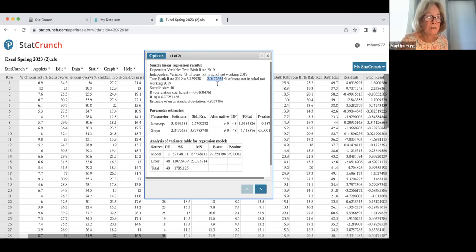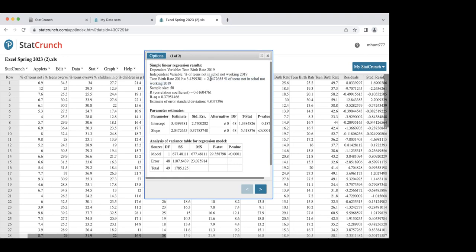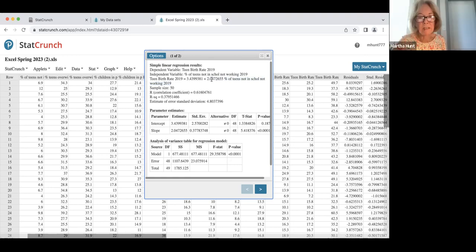You always start from the bottom up, change in Y over change in X, as the percent of teens not working in 2009 goes up by 1. How much is the teen birth rate going to go up by?